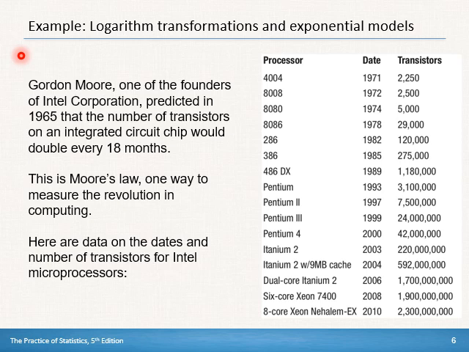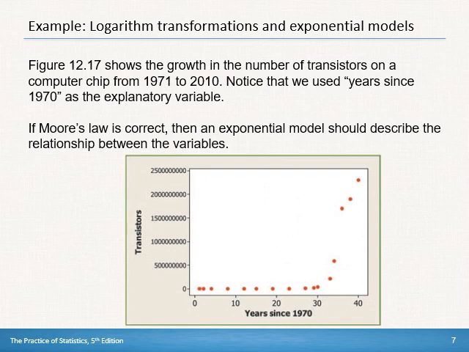And you can see they grow quite substantially over the years. And so our data, our X, our date, is going to be years since 1970. And then our other data is just going to be the number of transistors. So if we plot this, X, the number of years since 1970, against the number of transistors, just like we saw in the allowance problem, at the very beginning, there's almost no movement at all.